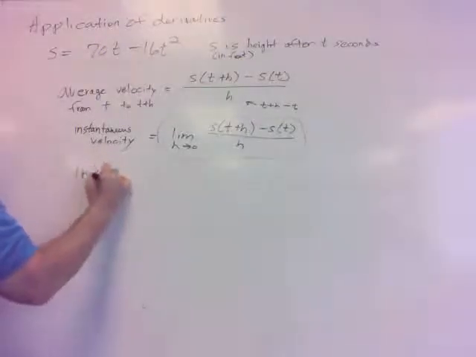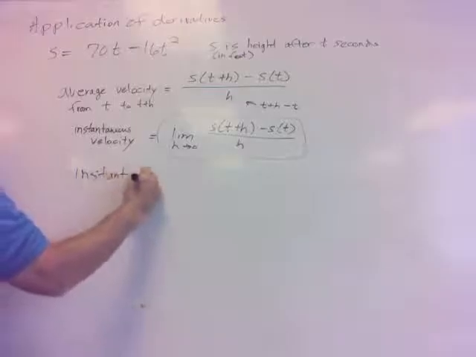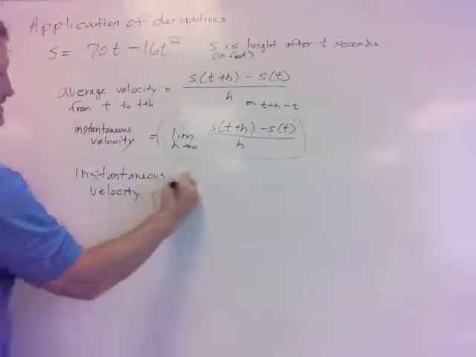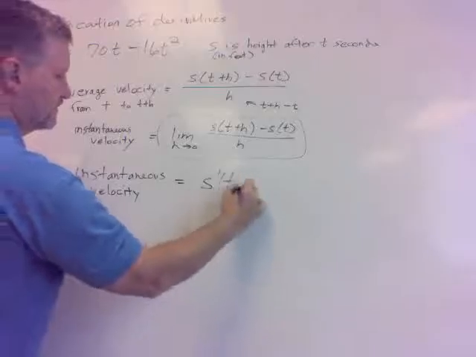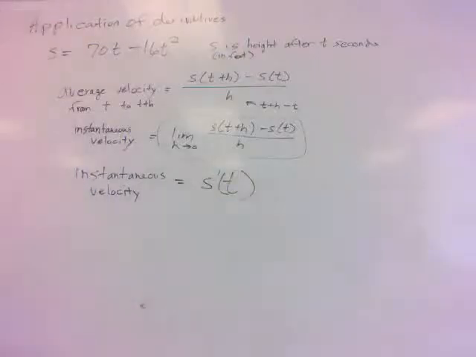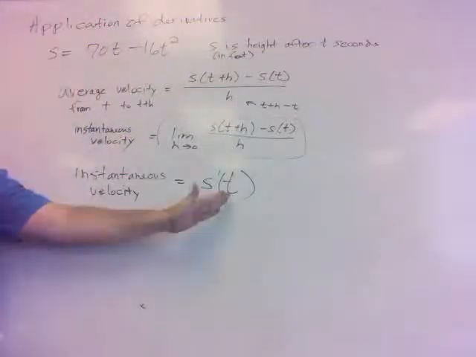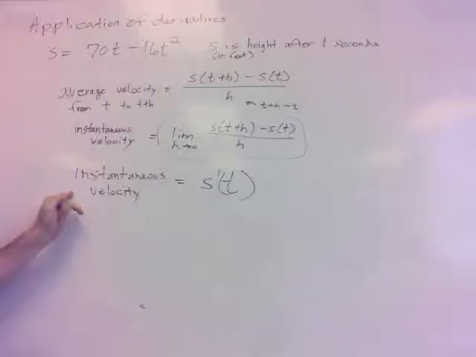So the instantaneous velocity is equal to the derivative of s, my s function there. Turns out another application of derivative, if you're talking distance function, height function, is the derivative is equal to the velocity.